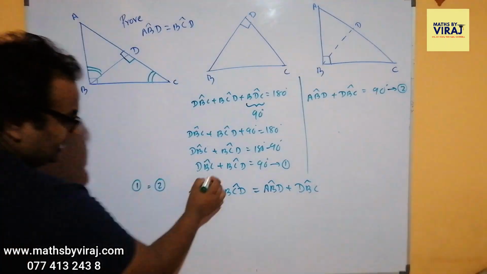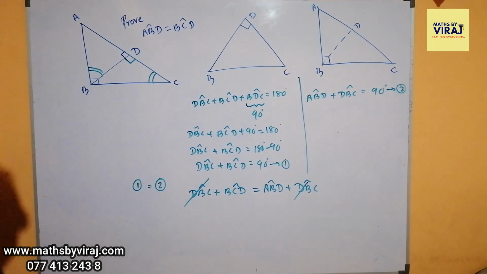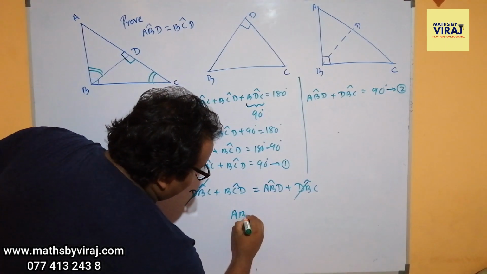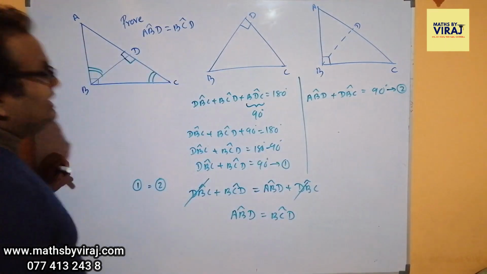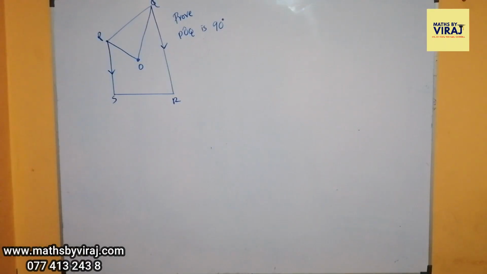Now since DBC is on both sides, we can cancel it off. And see, we have proved now angle ABD is equal to angle BCD. Very easy proving.